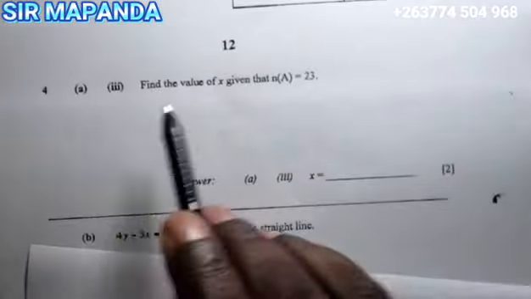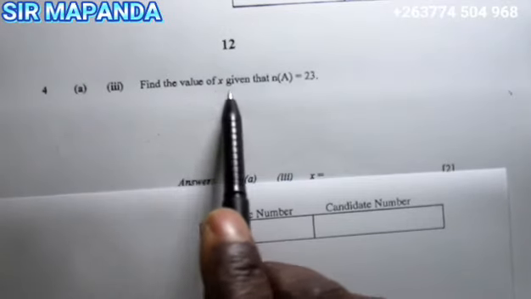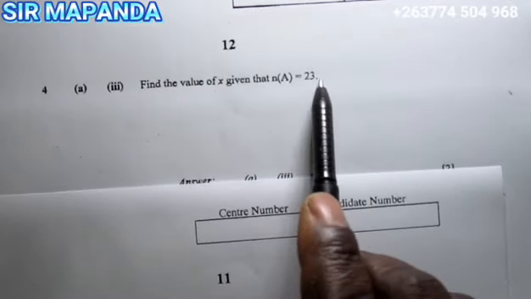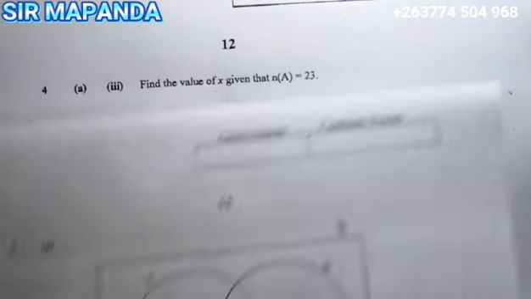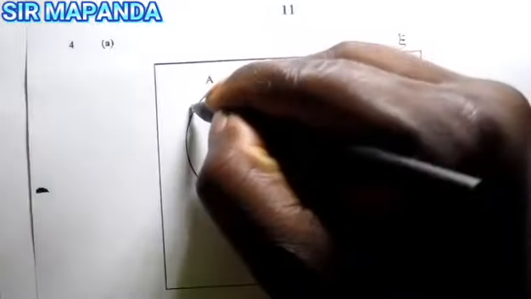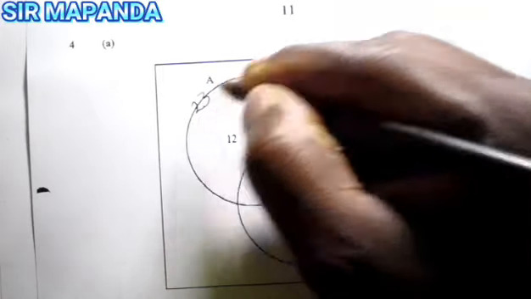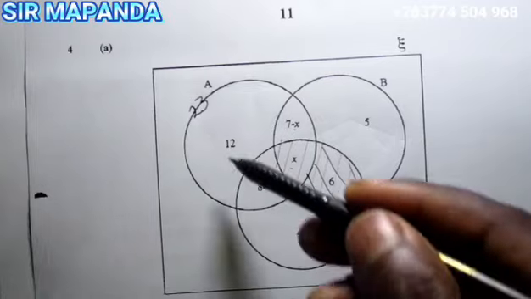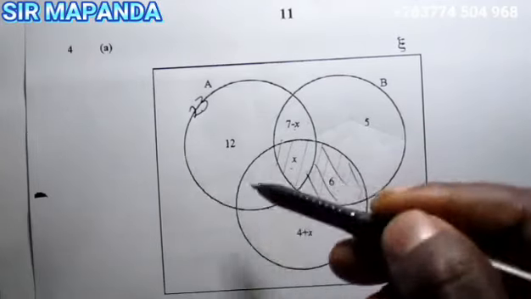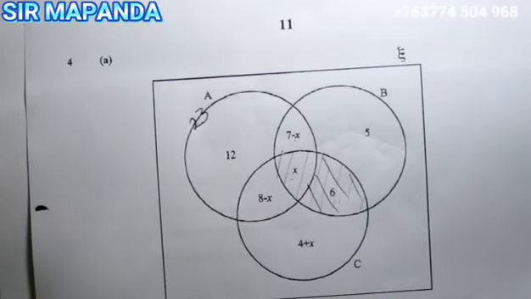4.3 of the question. It reads, find the value of x given that the number of A is equal to 23. So if we are given that the number of A is equal to 23, it means that we write 23 on the circumference of the circle A. Add everything in this circle A and equate it to 23.